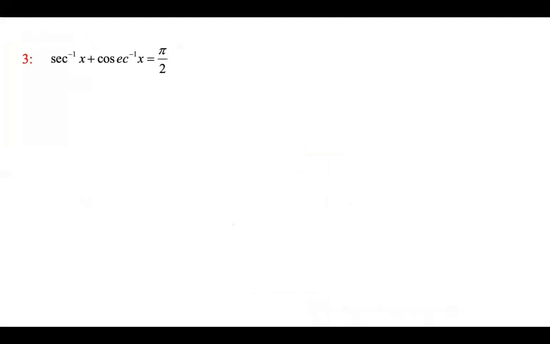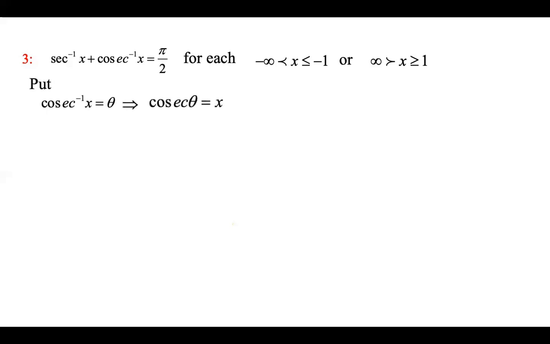Third one: secant inverse x plus cosecant inverse x is also pi by 2, for each x which is less than minus 1 or greater than plus 1. Again, here you put cosecant inverse x equal to theta, then cosecant theta will be x.